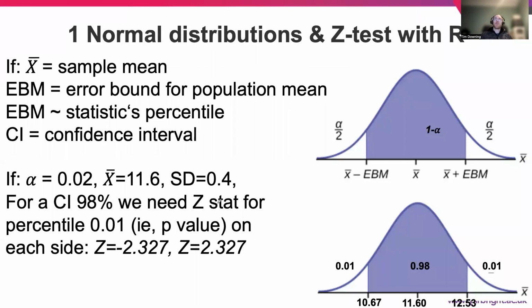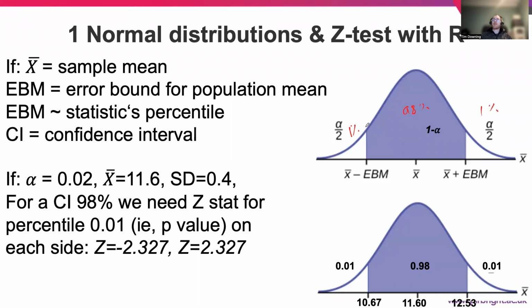So if we have our sample mean here, x bar, the error bound for the population mean, which is roughly speaking the confidence interval, corresponds to the percentile. If we have alpha, so let's say alpha here is going to be 0.02, that means we have 1% of our area here, 98% of our area here in purple, and then 1% over here.